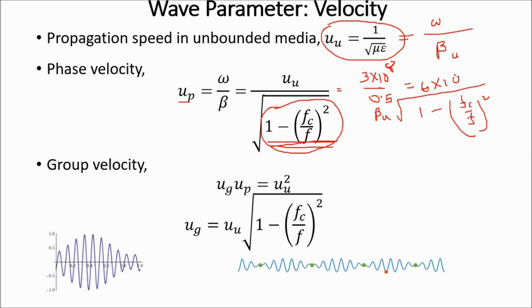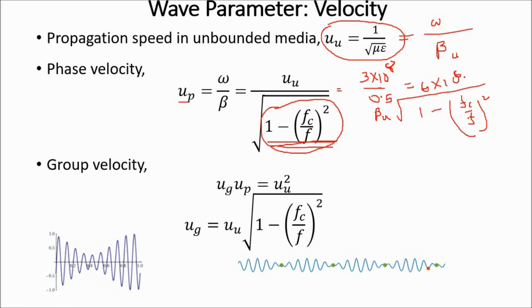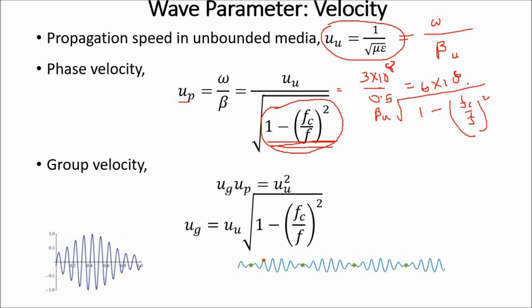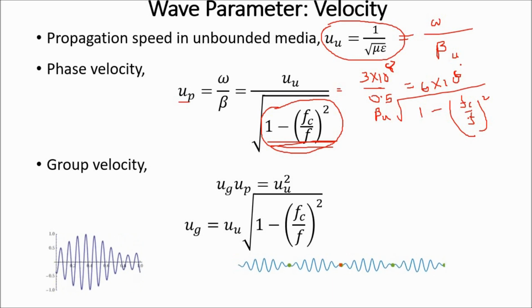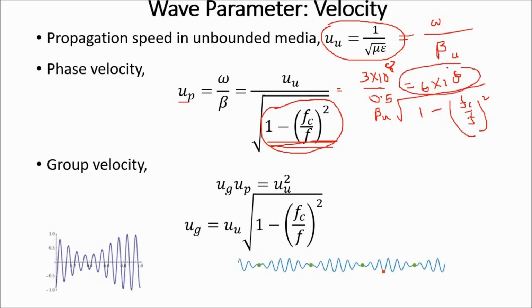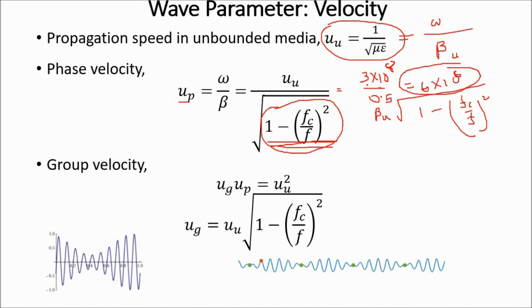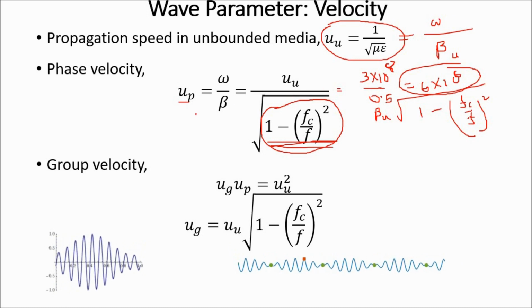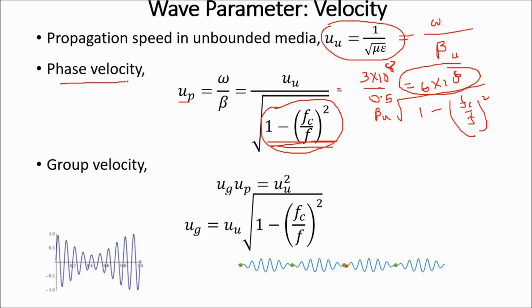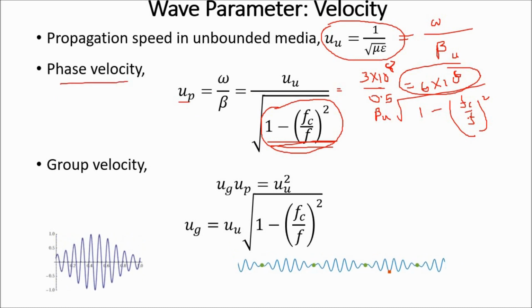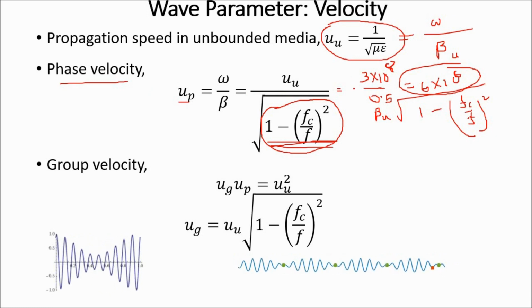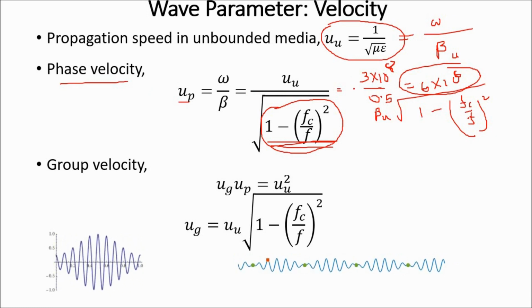So you see the speed of the propagation is higher than the light speed, and it is not possible according to Einstein's theory. The speed cannot be higher than the light speed, but we found that phase velocity for waveguide is higher than the light speed, but it is not possible.